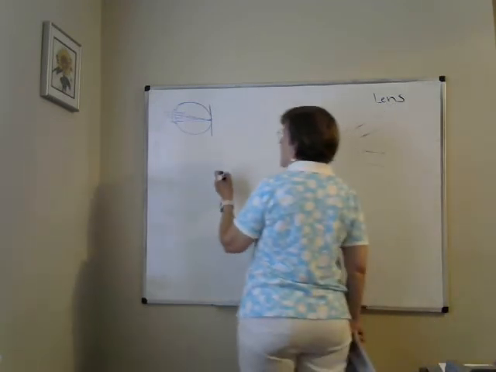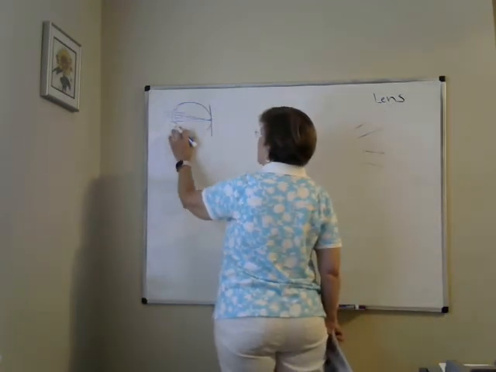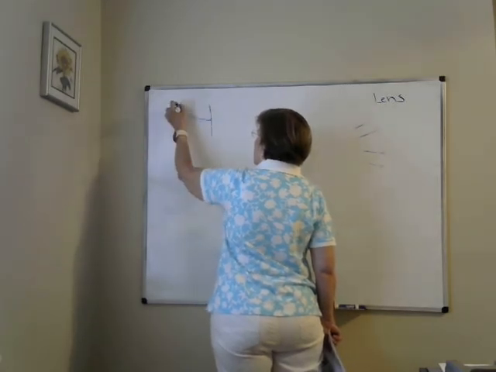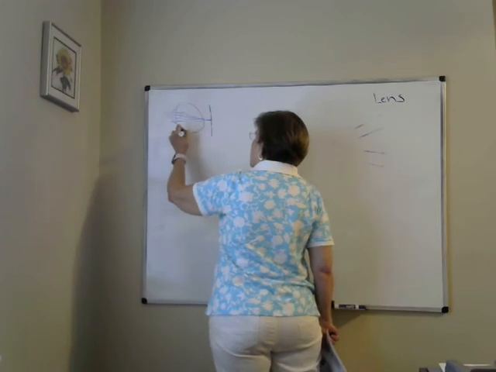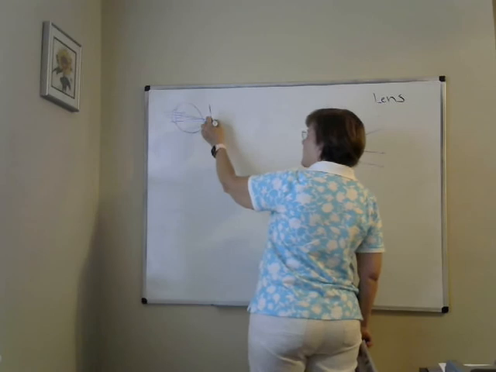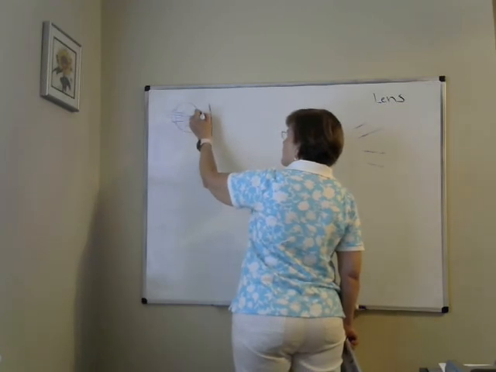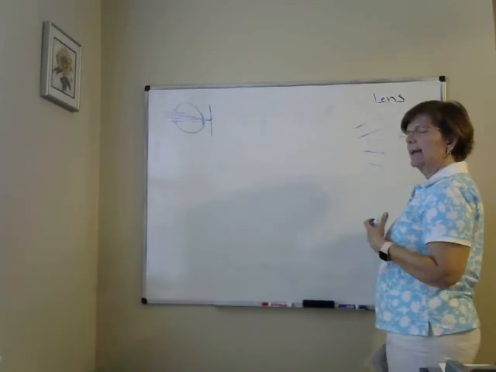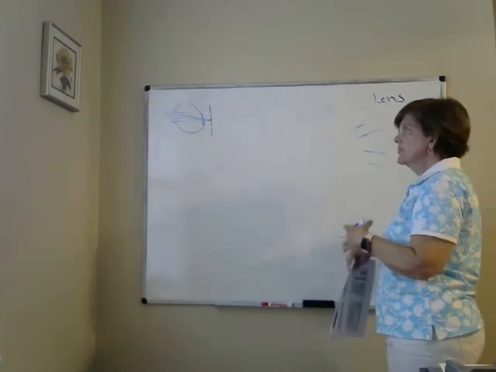But if your eyeball is too short, you've got kind of a funny eye. Your image could be back here, but you need it right here on your retina. So we need to converge those rays sooner.